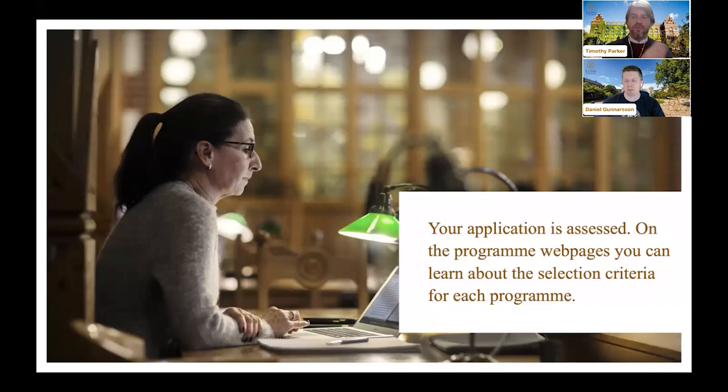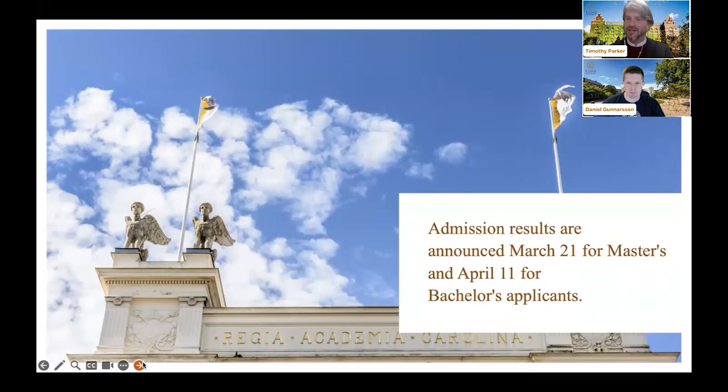If you do, your application is passed along to the university, where our specialists look into who meets the selection criteria the best. But of course, go to the program page to find out more details about exactly what qualifies you for a specific program and what the selection criteria is. And as Daniel and I have already mentioned, the big day is March 21st, 2024 for master's applicants and April 11 for bachelor's applicants.